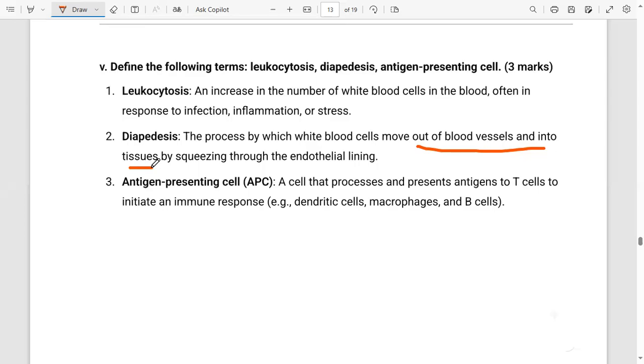Endothelial lining. And then what is an antigen presenting cell? This is just a cell that processes and presents antigens to T cells to initiate immunity. All these that I've given here are examples of antigen presenting cells.